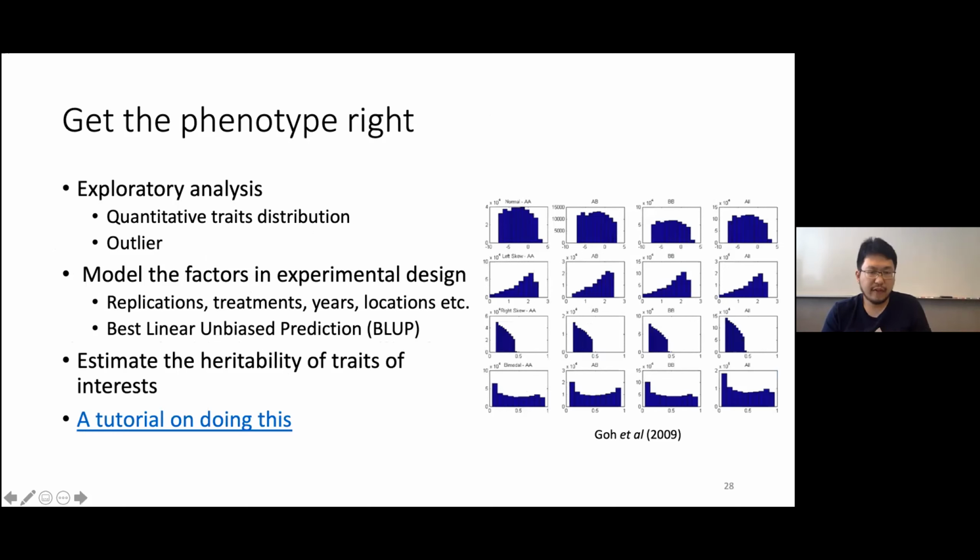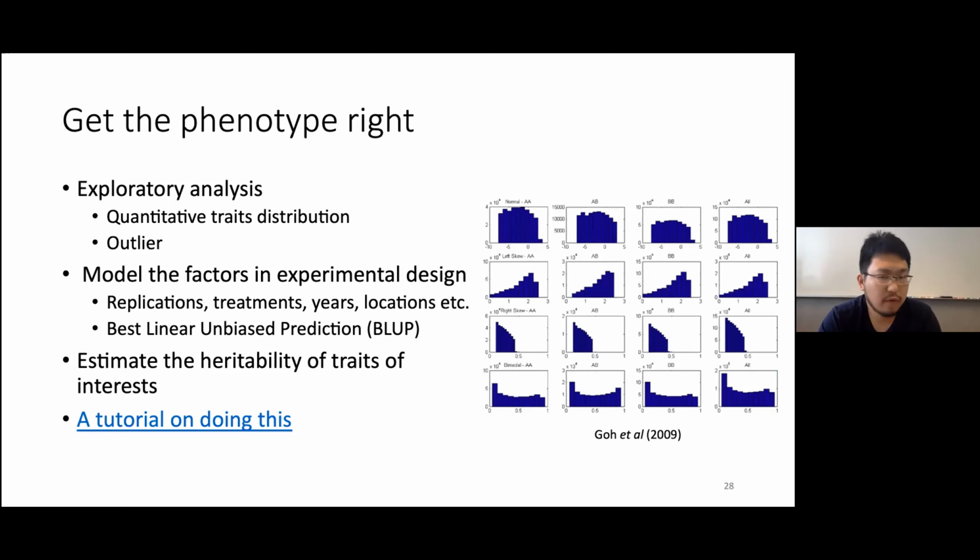Once you finish the phenotyping, the next thing is to get the phenotype data right. First you want to conduct some exploratory analysis by plotting your phenotype and checking the distribution of the traits.